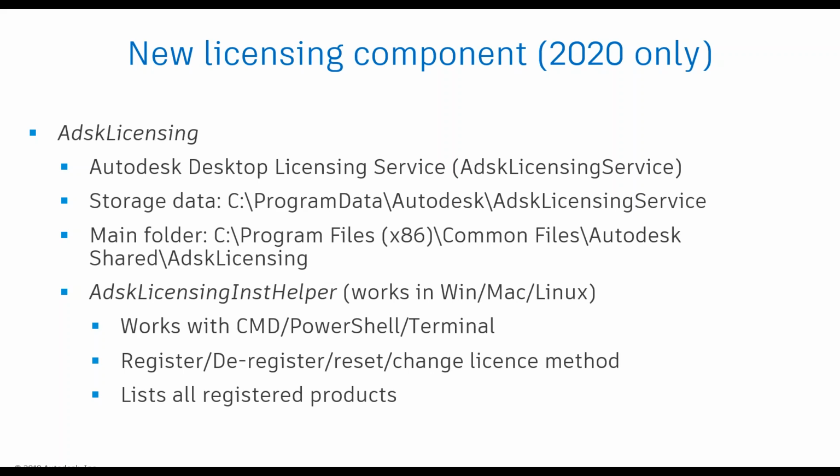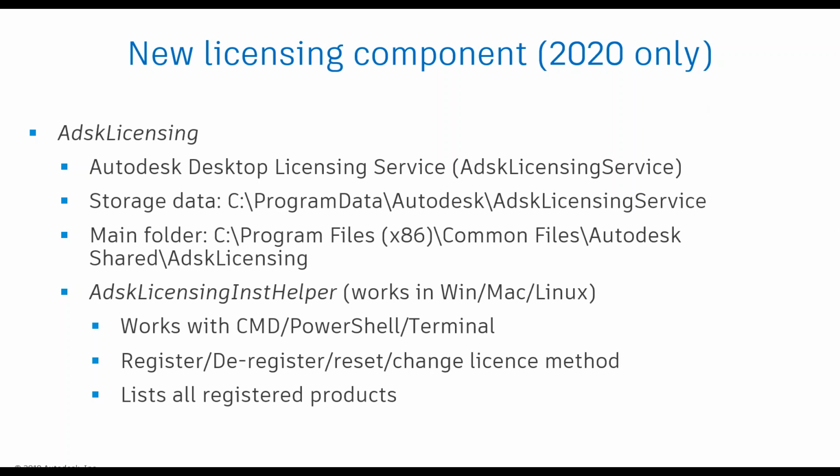Another important aspect is the licensing install helper. This allows us to check if the licensing is working properly, if the service is running on our machine, if the product is registered with that service, and if all the correct information is stored in our storage data file.